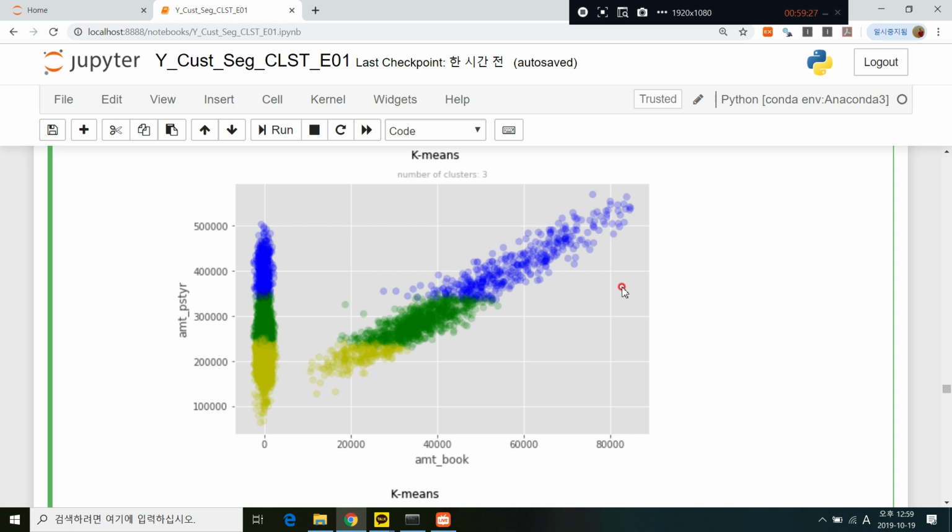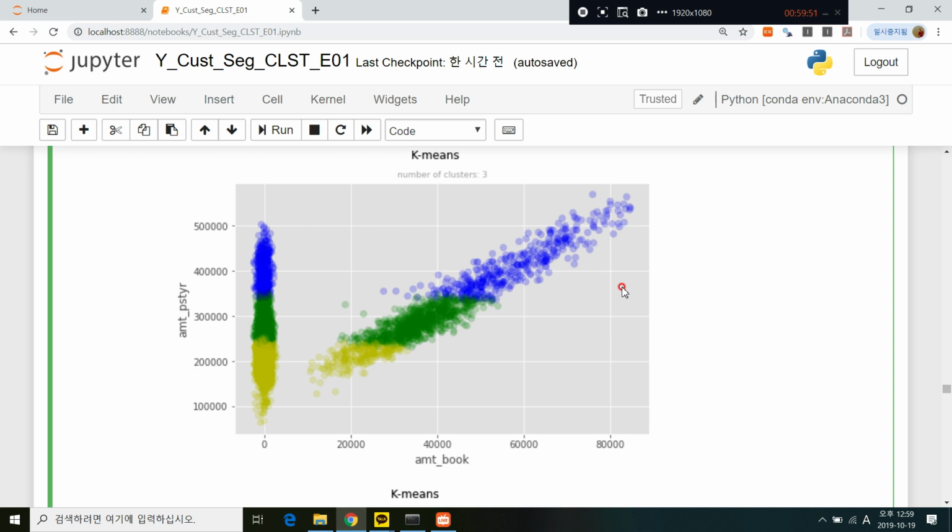In k-means clustering, a big difference in one dimension will impact a lot, and the total amount is way too big compared to other categories, so it has a very big impact.